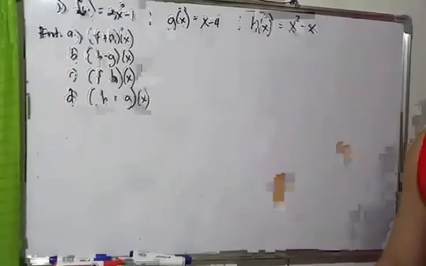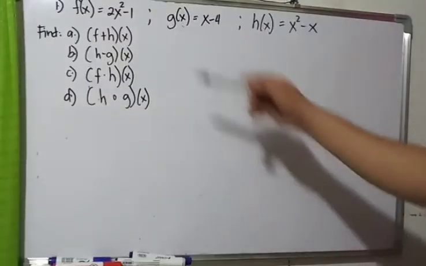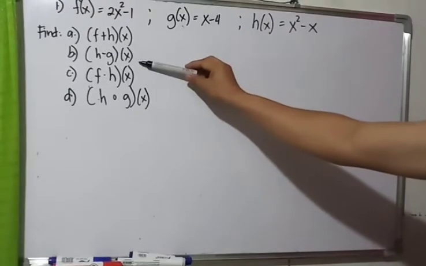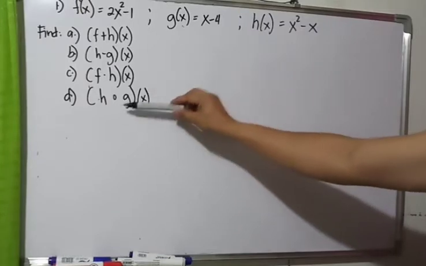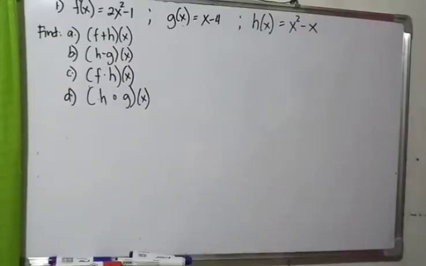So that is operations of functions, that is sum. This one, letter B, is difference. Letter C is product. And letter D, that is the example of composition of functions. Okay, next. Letter A muna tayo.